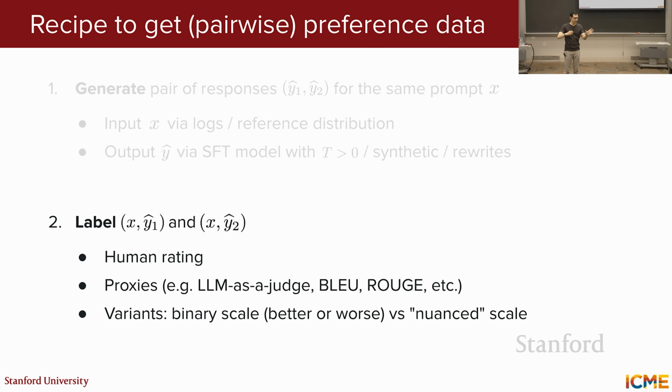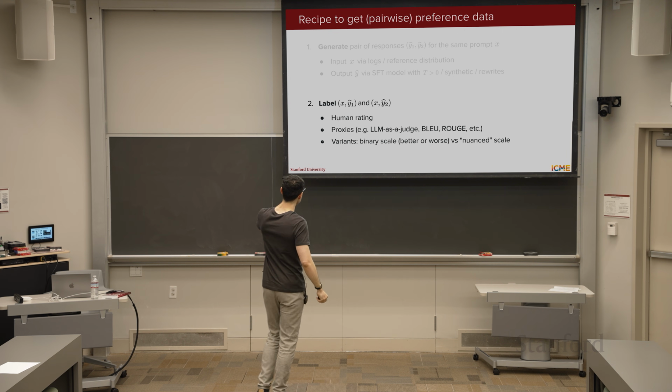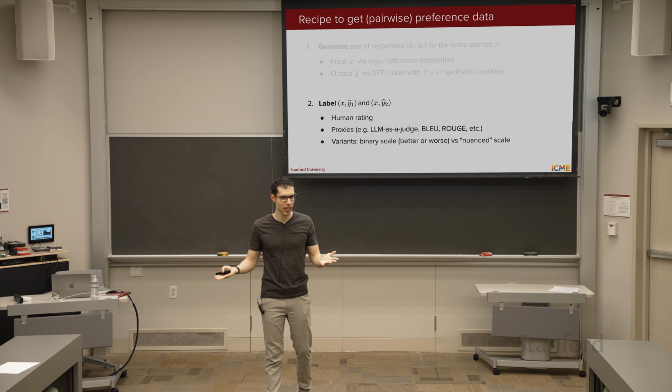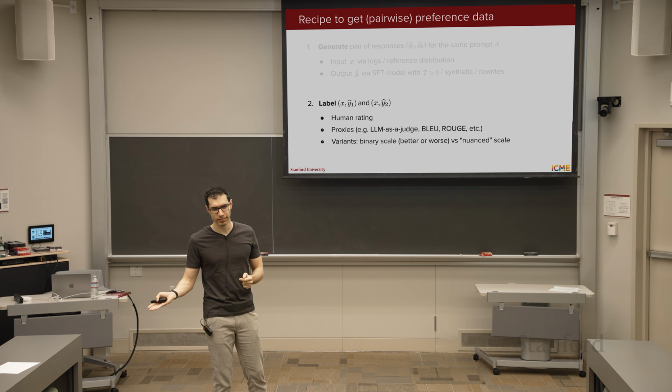The first one is the prompt and the first response. The second one is the prompt and the second response. And what we do is we compare them. We can compare them with, of course, human ratings. But we can also compare them with some other metrics.